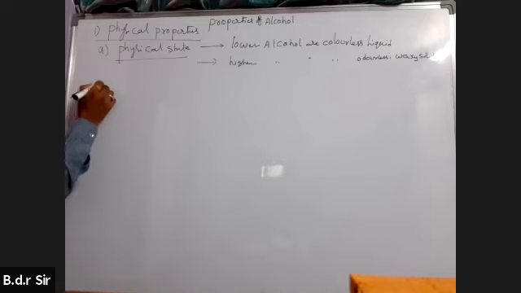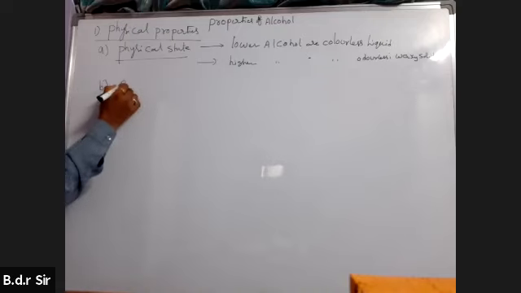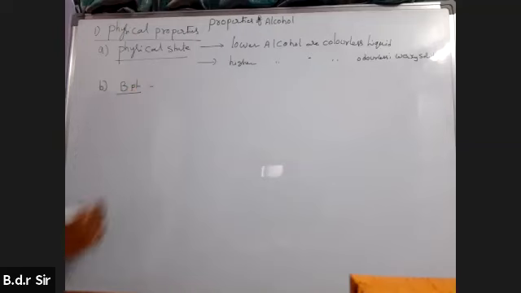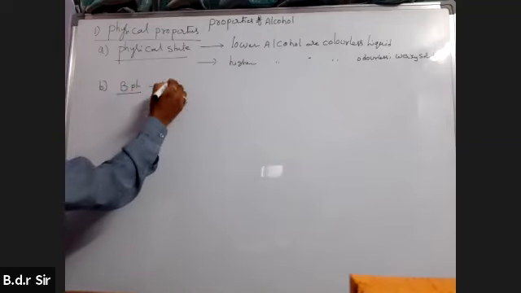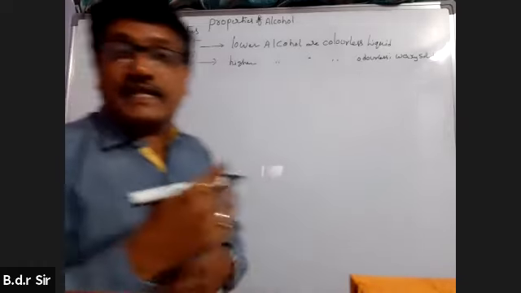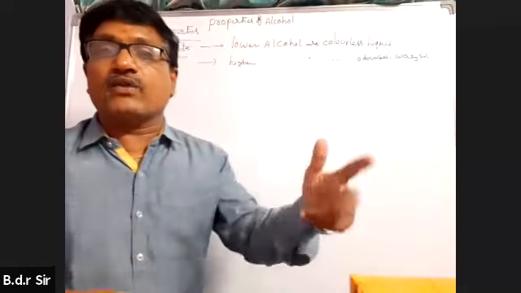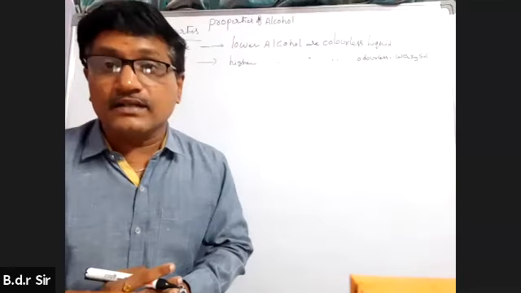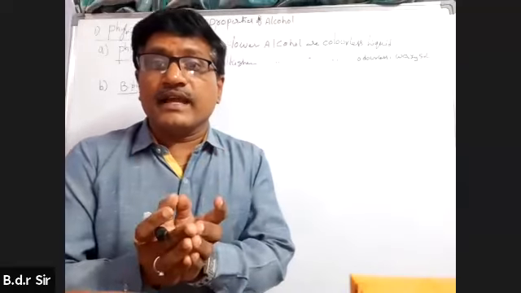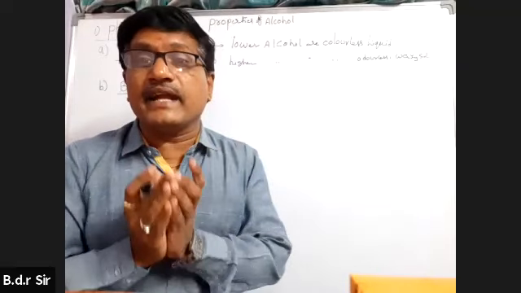Now I am taking the very important boiling point. First one is the boiling point of alcohol is greater than ether and hydrocarbon. Why? Alcohols have intermolecular hydrogen bond.